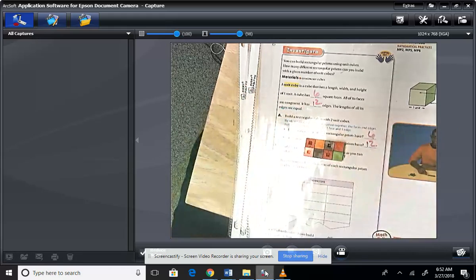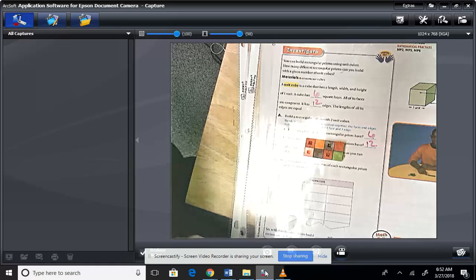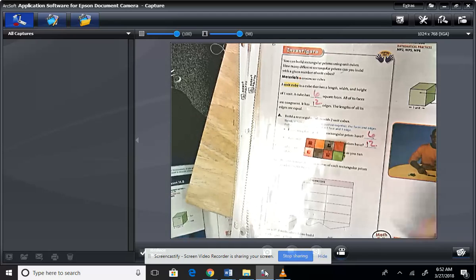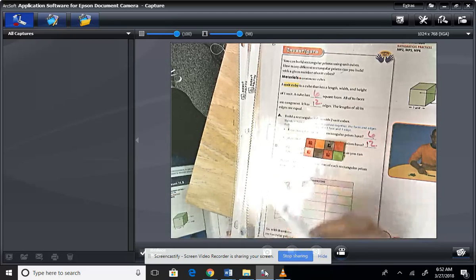Now let's record each one. So let's record the one I just made. How many cubes did I use? I used 8.